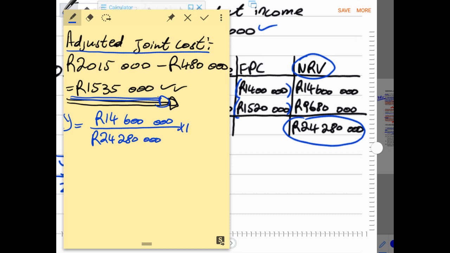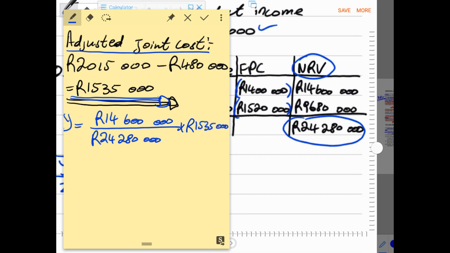And we multiply this by the total of the adjusted joint cost, which is 1,535,000 rands. We multiply by that amount to allocate using the net realizable value method.